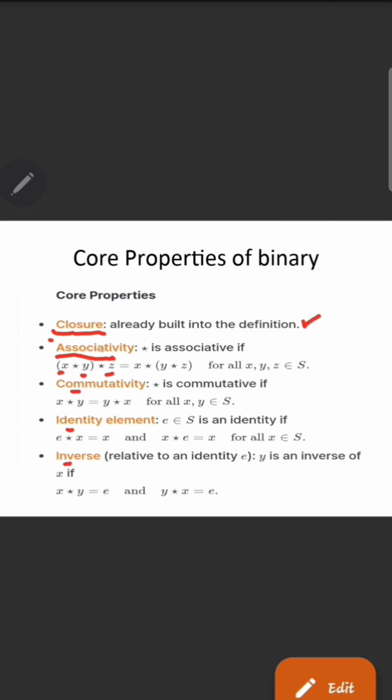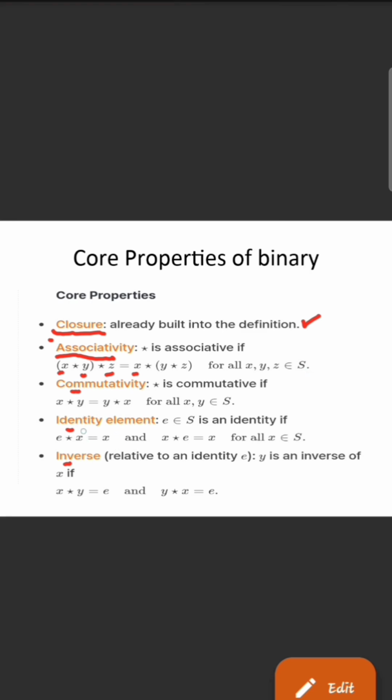Now if you interchange the arrangement, leaving only X in front and bringing your brackets to Y and Z, and you still have the same result, for all X, Y, Z elements of S. So you are given a set of numbers, and when you perform this operation, the result you get is still an element of that set.